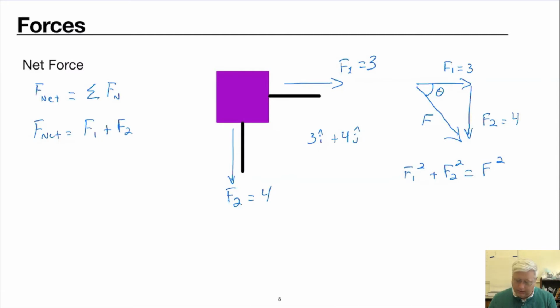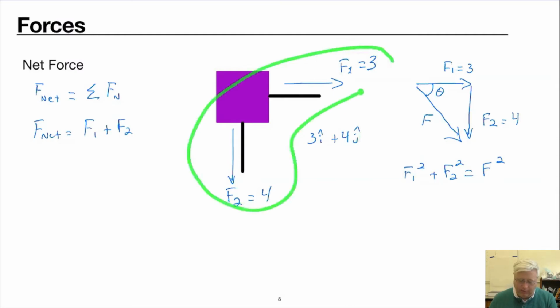Okay, so when we're showing all the forces acting on an object, like how we did here, we call that a free body diagram. That's what we mentioned in the second objective for today. A simple free body diagram could just be like what we drew here.